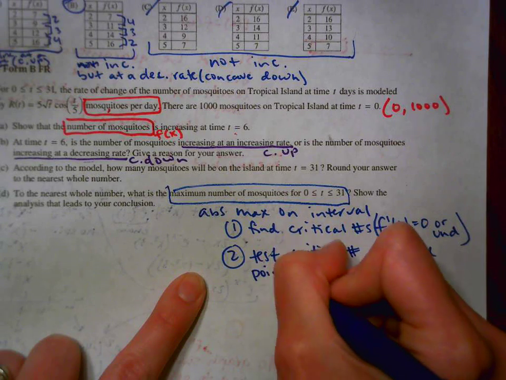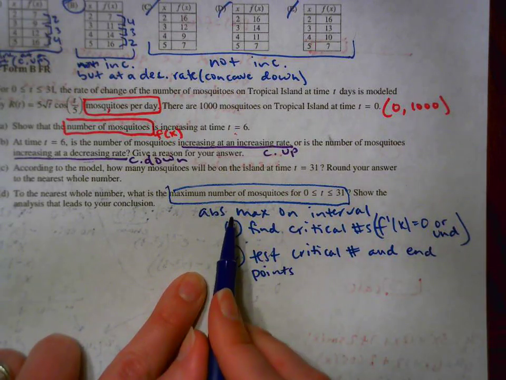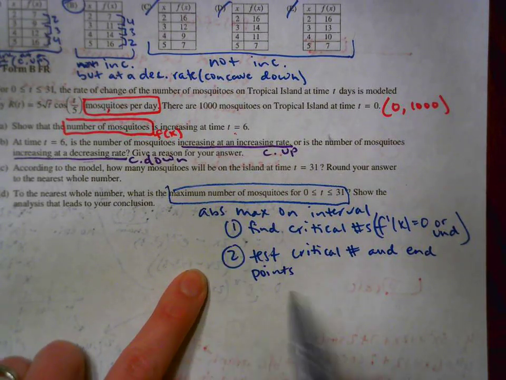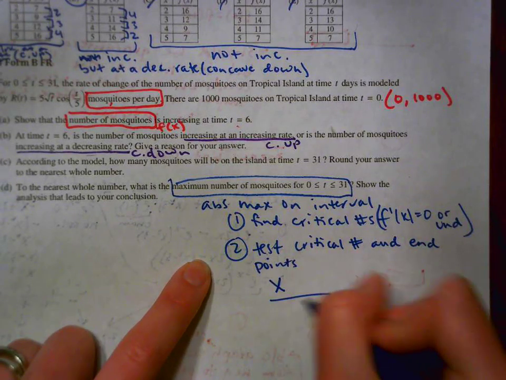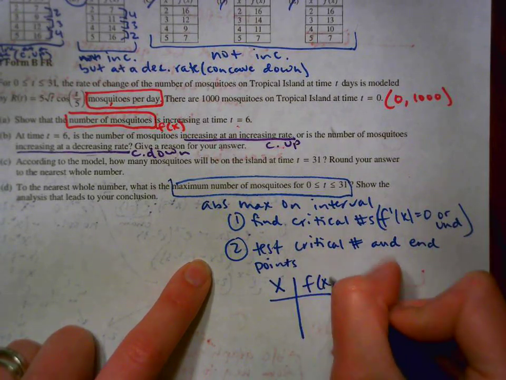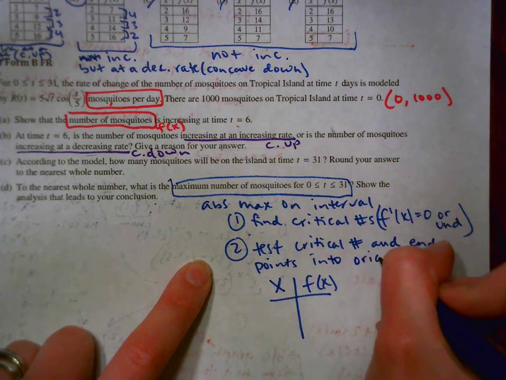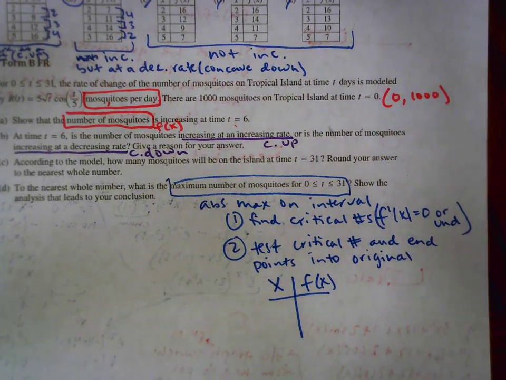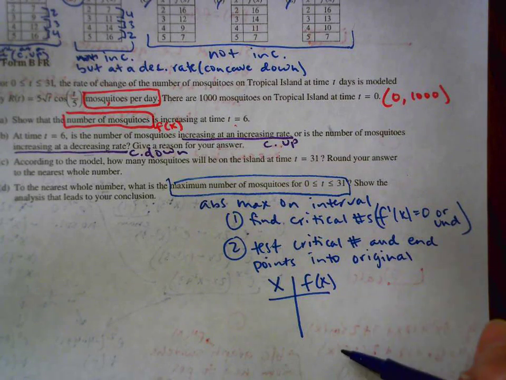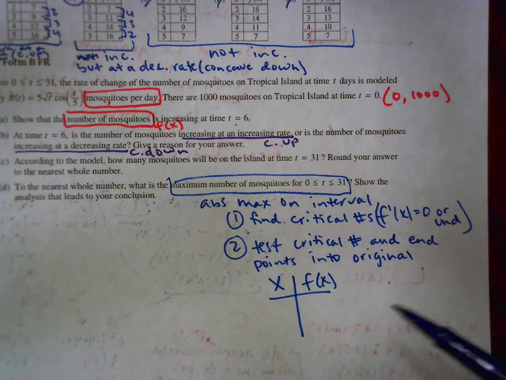And what do you plug those into? For absolute maximum, if you're not doing a sign chart, you plug them into the original f of x. And you just see if it's maximum, which one's the largest, if it's minimum, which one's the smallest.